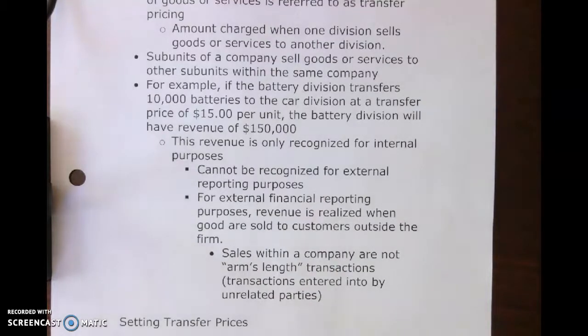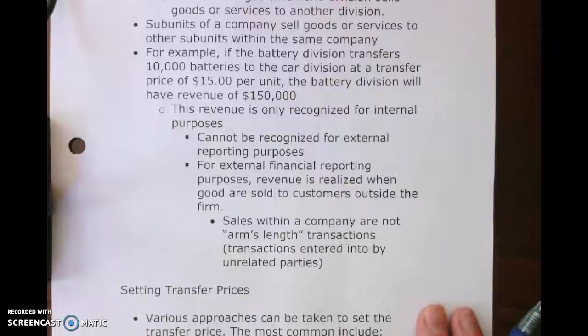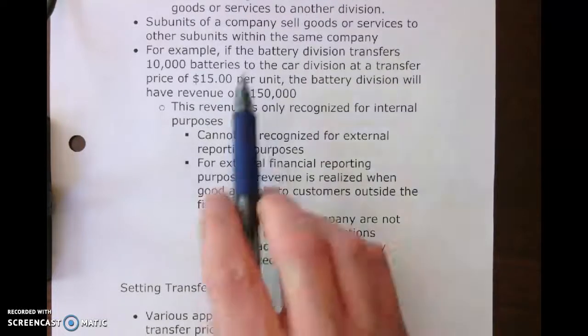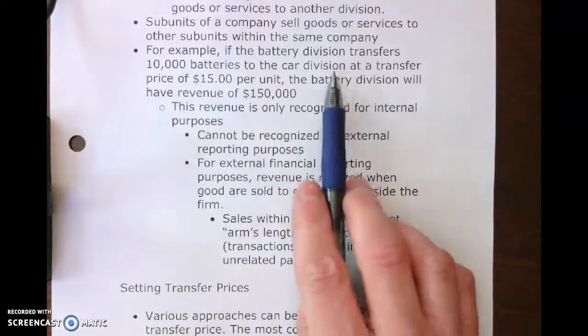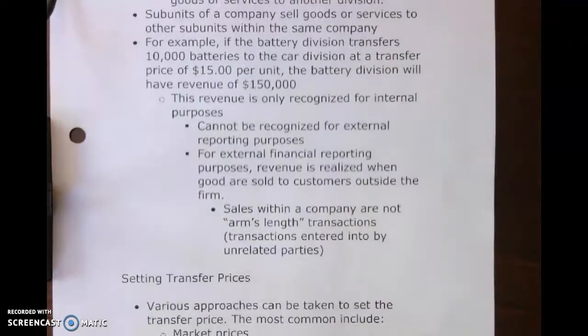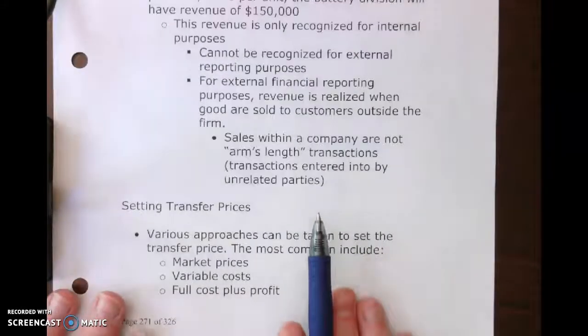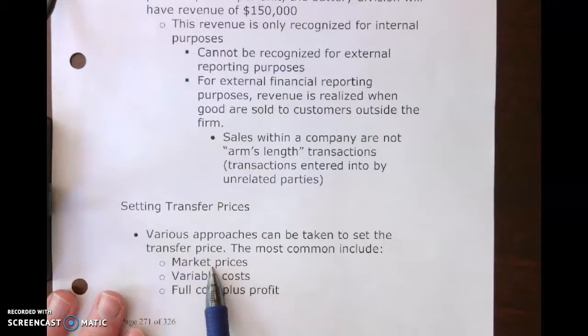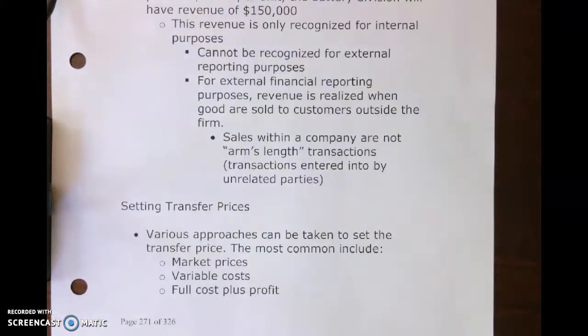Okay. Getting back to what price should the battery division charge the car division? Well, there's a couple different options that we have. We could charge the market price. This would be the best option in my opinion. But this assumes that there is an external market for these batteries.